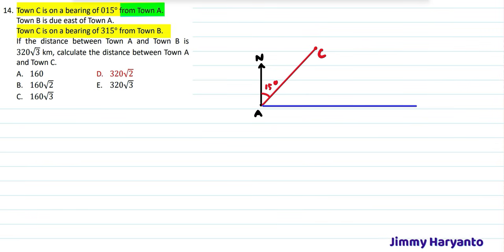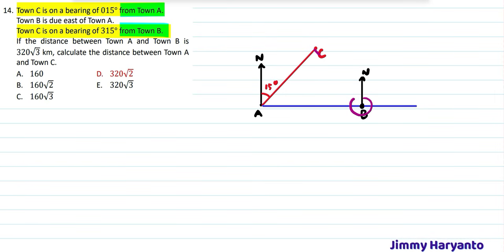This one is a little bit hard, so let's assume that B is right here. That means this one is the north, because it says from B. From B, we have to draw the north at B, and also we have to measure 315. 315 will be this big.